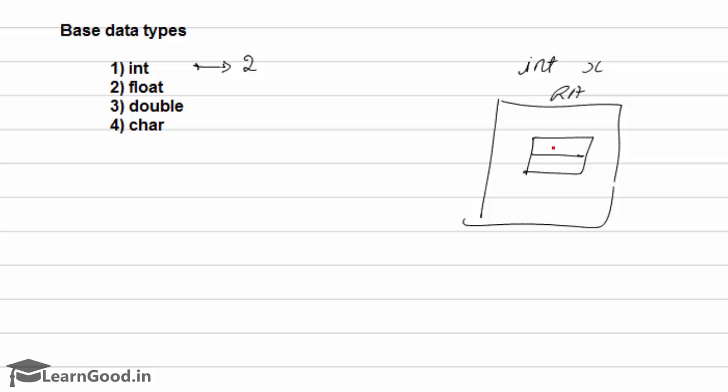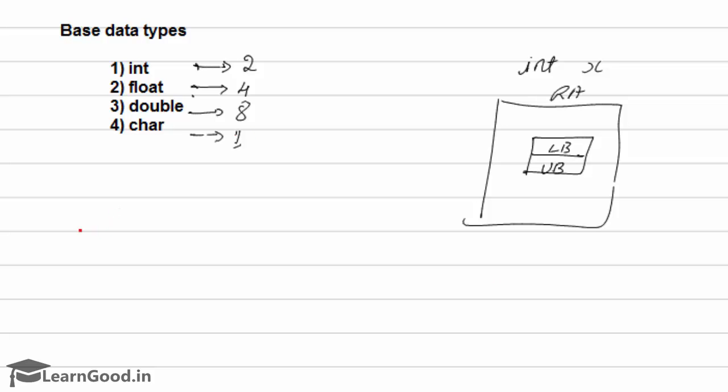Here this is called the lower byte, and this one is the upper byte block. We'll see how the data is stored. So integer will occupy 2 bytes. In the same way, float will occupy 4 bytes, double will occupy 8 bytes, and character will occupy 1 byte.